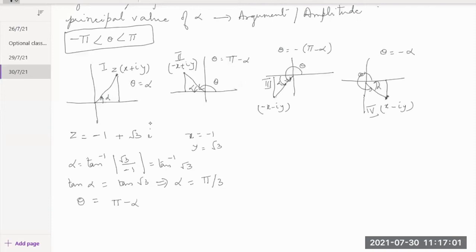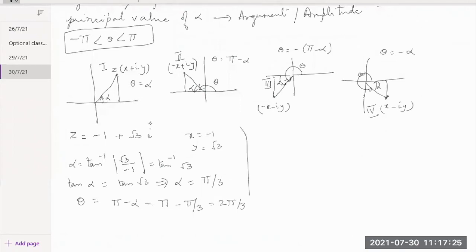And you have the value of alpha in hand. So pi minus pi by 3 gives you 2 pi by 3. This is going to be your amplitude of the complex number given to you as minus 1 plus i root 3. If you do it step by step, you will never go wrong.